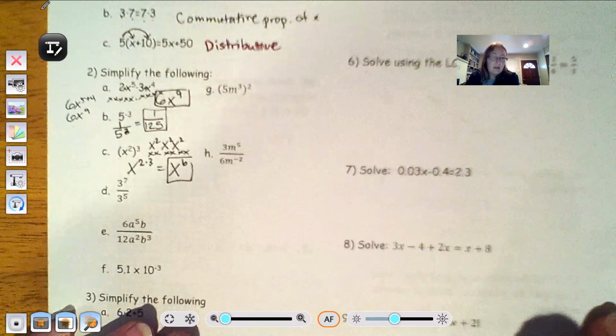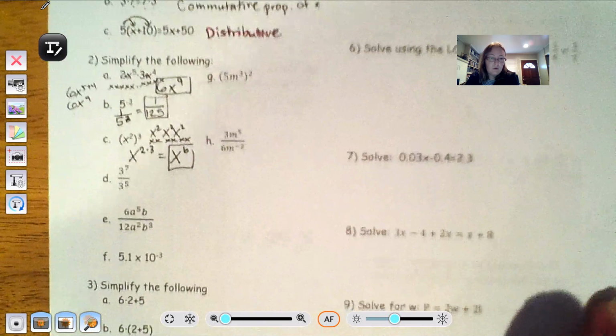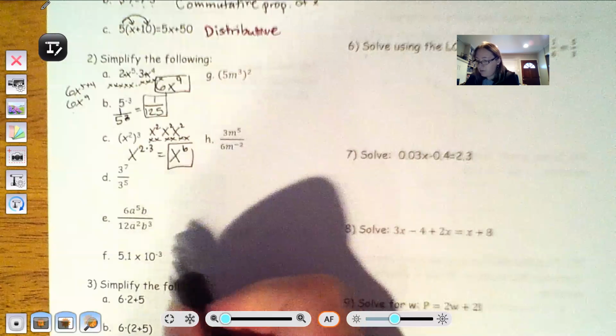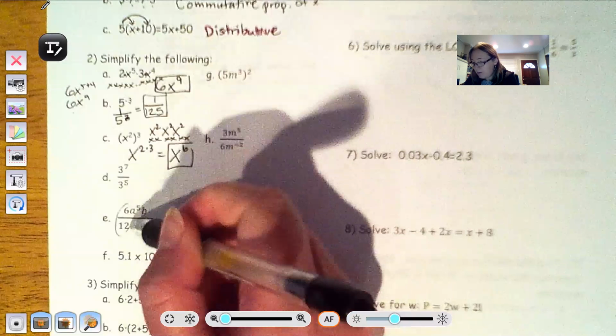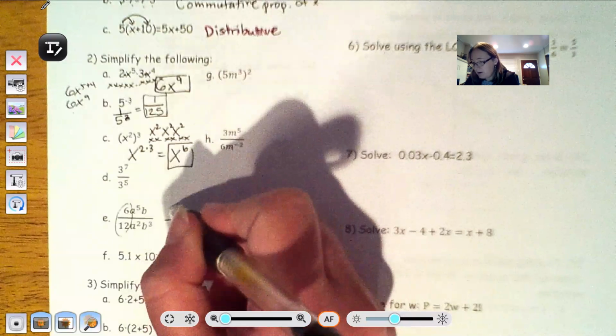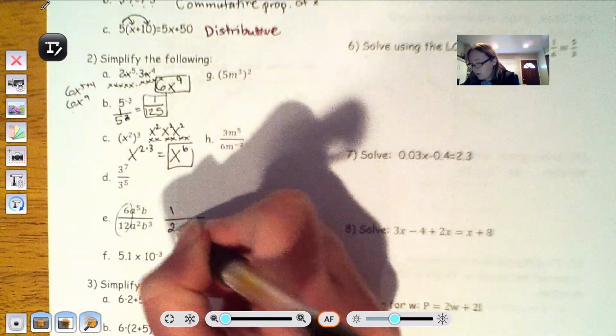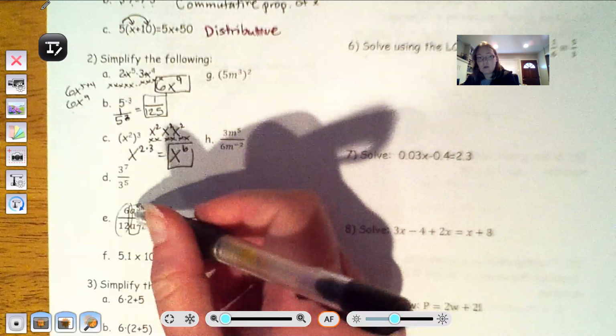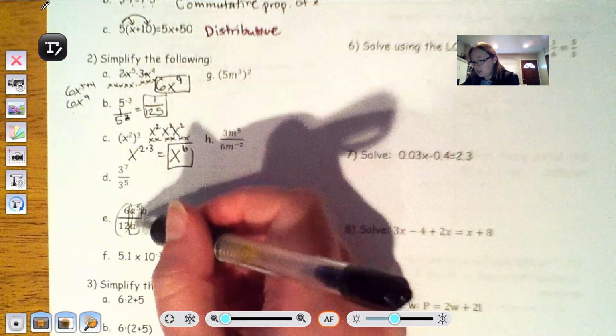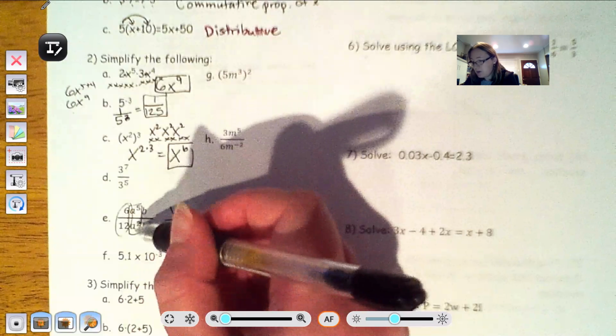All right, I'm going to skip down to E, just so we can do a fraction one. It's behaving similarly to that one, but it's a little more involved. So we reduce the fraction, we take care of the A's, and you can either use the subtraction rule, when you have division with the same base, you subtract the exponents.